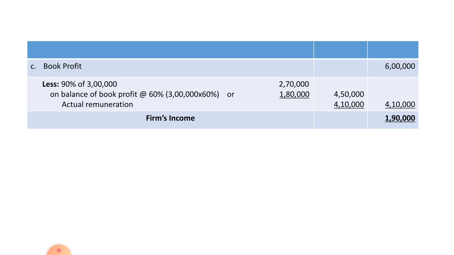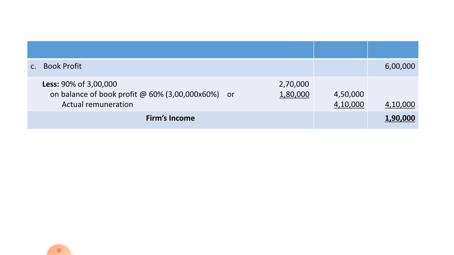Here we did not consider 90% of 3 lakhs or 1,50,000, whichever is more, because obviously 90% of 3 lakhs is more, that is why we have not written that. Or else you have to compare 90% of first 3 lakhs or 1,50,000, whichever is more.